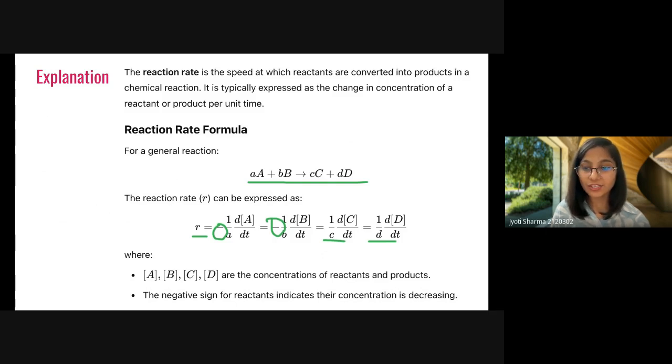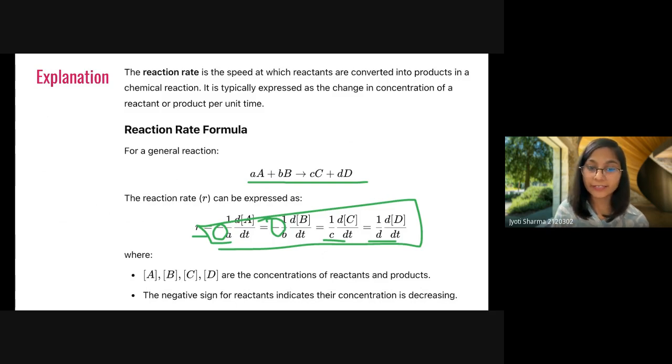And then how the concentration is changing: dA, dB, dC, dD, and then change per time, that is dt. So from any of the chemical species, we can calculate the reaction rate, and this will be equal as per this equation. As I told you, the negative sign is for the reactant, and that indicates that the concentration of your reactant is decreasing over time.